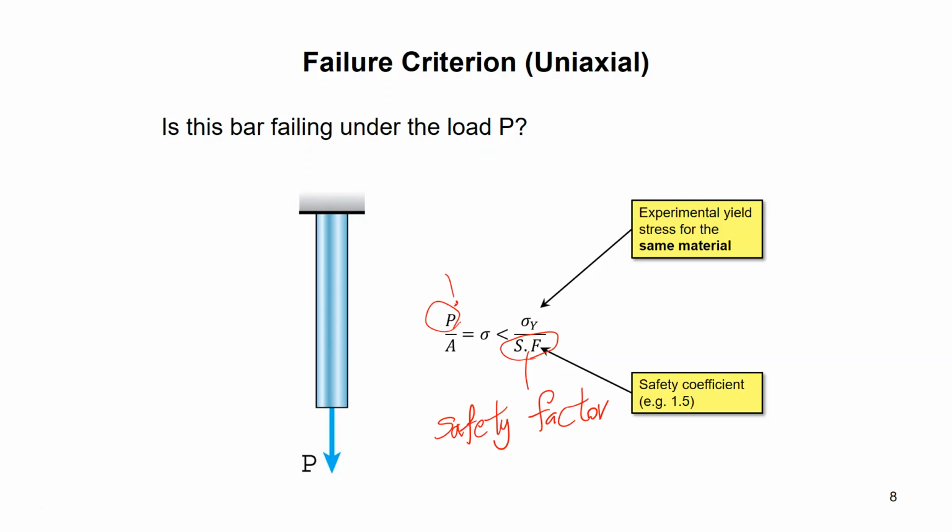That's one reason. The other reason, other than uncertainty in loading, is this number here. So you bought some steel, you bought a rope to make something for an elevator, and the manufacturer says this number is 10,000 psi.